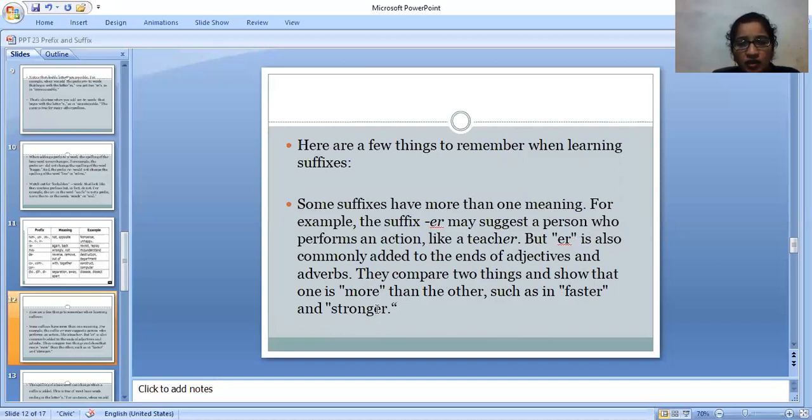So you can see here the suffix er is added to the adjective fast and the adjective strong, right? And when you see faster and stronger, you can observe a comparison here. So most of the time, when the suffix er is added to a verb, it creates a noun which suggests a person who performs an action, and when it is added to adjectives, it suggests a comparison.